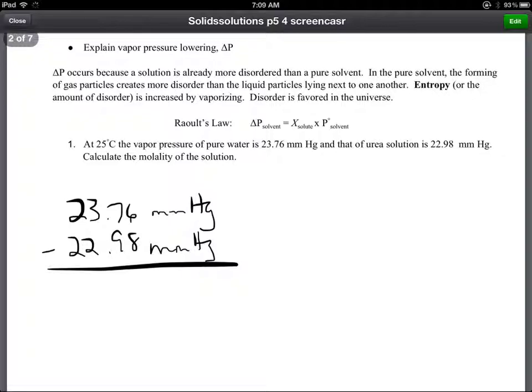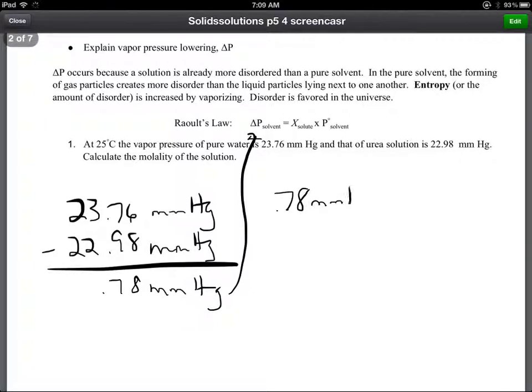Okay, first thing you have to do is find the change in vapor pressure. So when you do this subtraction, you're going to find that 0.78 millimeters of mercury is the change in the vapor pressure. So that's what's going to go in for your delta P value. Okay, so we'll have 0.78 millimeters Hg. Units are nice here because mole fraction is a ratio. As long as your pressure units match, it doesn't matter what they are. So that'll give us the mole fraction of the urea. Okay.